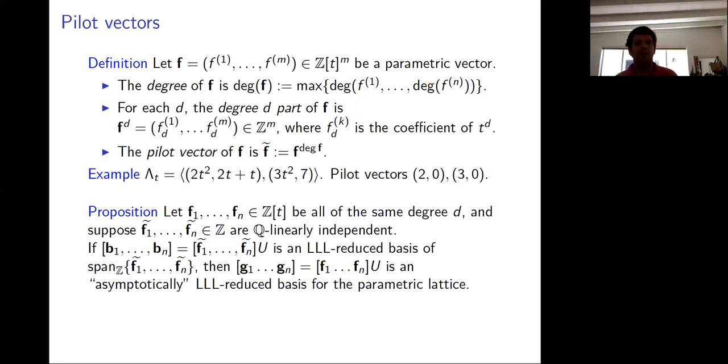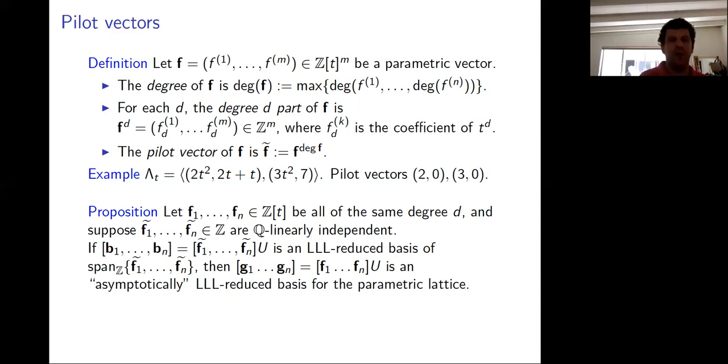So now the first idea is we can do the ordinary LLL algorithm on the pilot vectors. This effectively tells us some combination of the pilot vectors that gives us an LLL basis. We can express this by writing that the B's are the pilot vectors times some integer matrix U. Then we just apply that same matrix to the whole polynomials, to all of their coefficients.